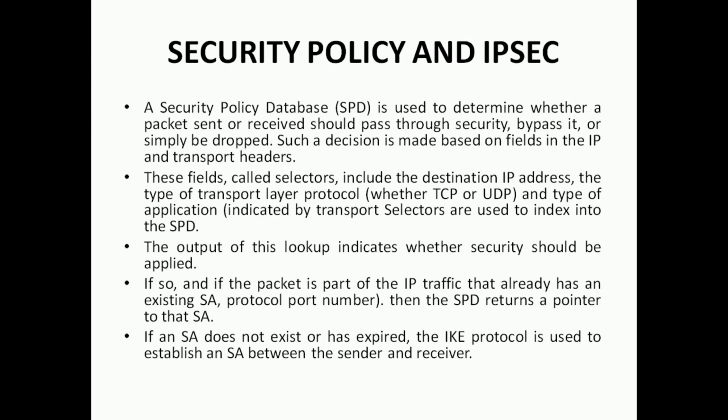These fields, called selectors, include the destination IP address, the type of transport layer protocol, whether it is TCP or UDP, and the type of application, which is indicated by transport selectors, which are used to index into the SPD. The output of this lookup indicates whether security should be applied.